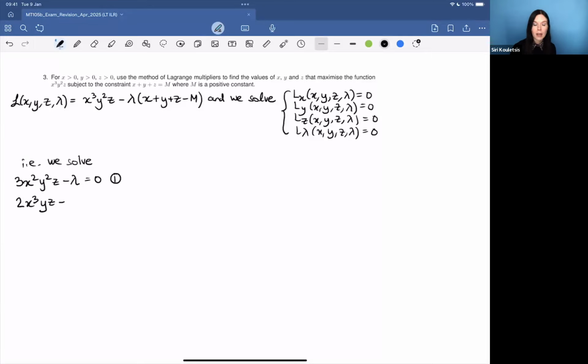And then we have minus lambda y left, so differentiated with respect to y, we get minus lambda, and then we set that equal to 0. Finally, now we find the partial derivative of L with respect to z.